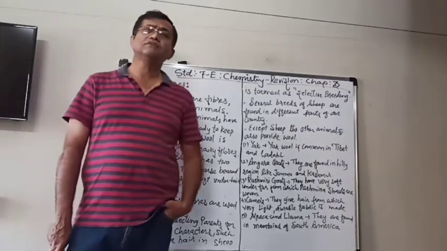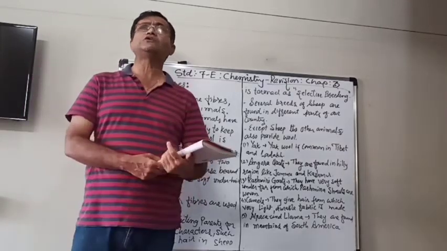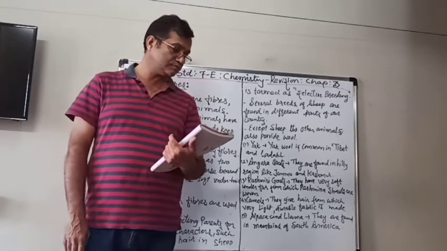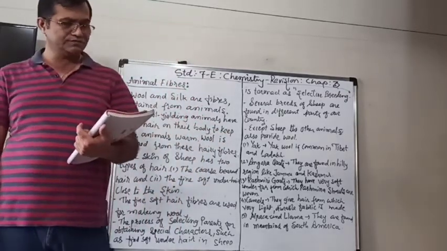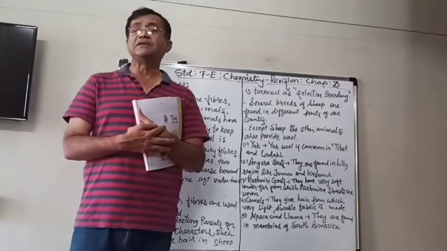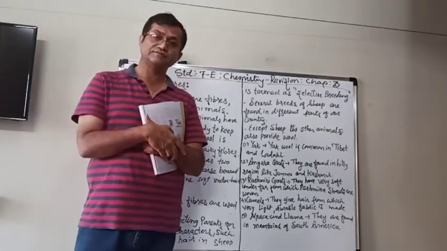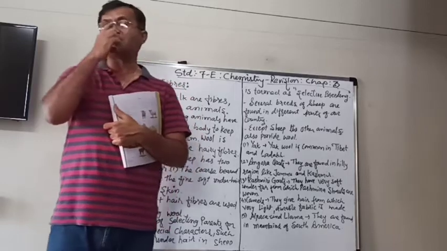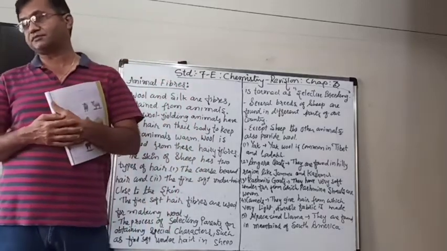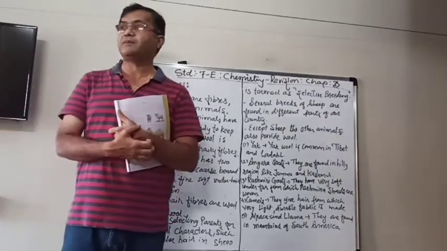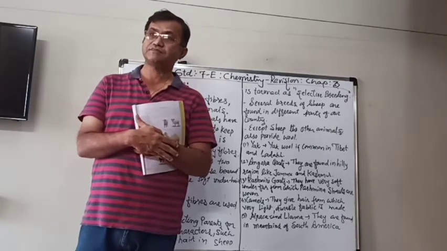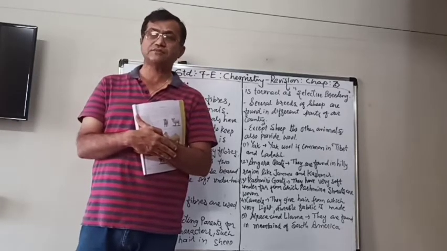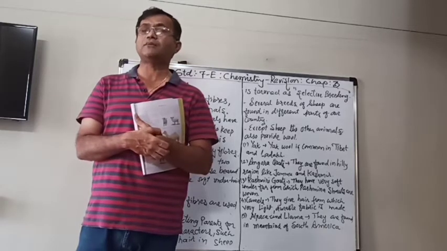Now we know about the fibers. We learn about the natural fibers, which can be classified into two types: the fibers obtained from plants and the fibers obtained from animals.